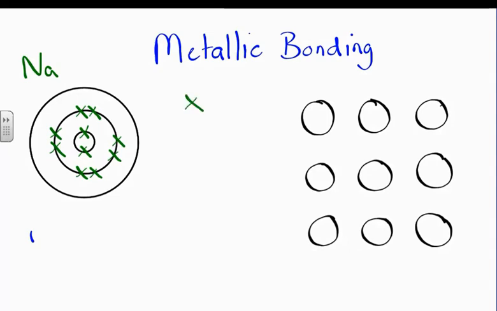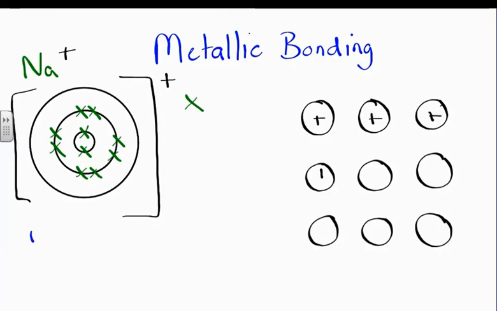So electrons are negative, so we've lost some negative charge. So our sodium atom becomes a positive sodium ion. We've only lost 1 electron, so it's just a 1+ ion. So these ions in metals form some nice, neat rows.